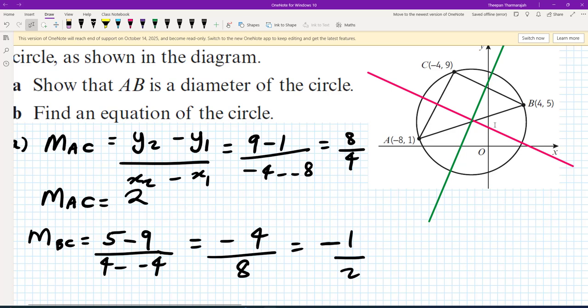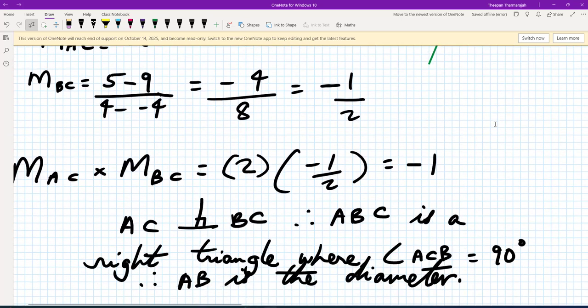And what we're going to do is work out the equations of these lines. Now, first of all, we need to work out the midpoint of AC and the midpoint of BC. So let's do that first of all.